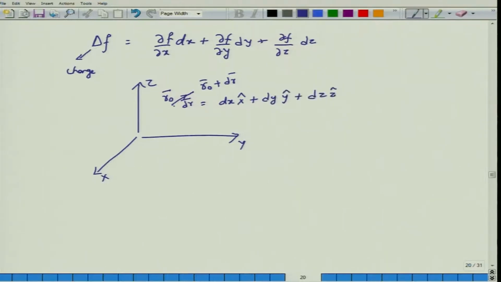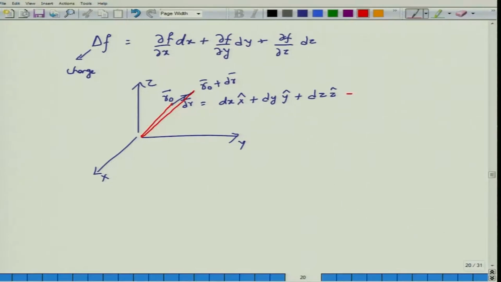So if I go along direction x by a quantity dx, along y by dy, along z by dz, I am going from the position vector at r0 to the new position vector at r0 plus dr, something that we have already covered here.